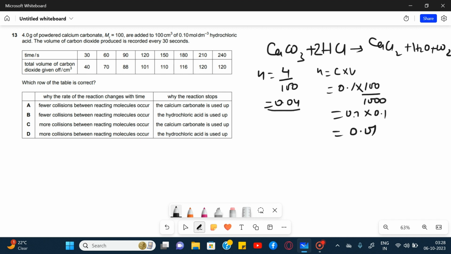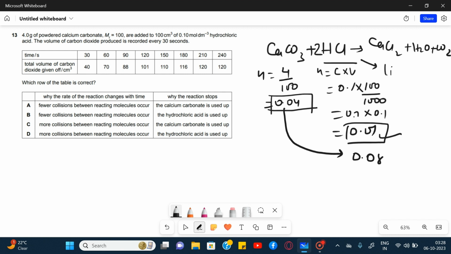Now these are the number of moles of the reacting species. From the stoichiometry, we can see that 1 mole of calcium carbonate reacts with 2 moles of HCl. That means 0.04 mole will need 0.08 moles of HCl, but we don't have that many moles of HCl. We have only 0.01 mole. That means HCl is the limiting reagent. This one is the limiting reagent, so it will be used up, right? So the correct answer is that the hydrochloric acid is used up. B is the correct answer.